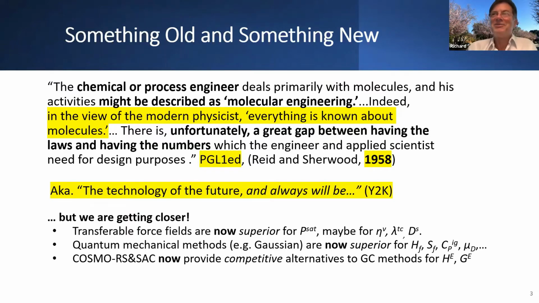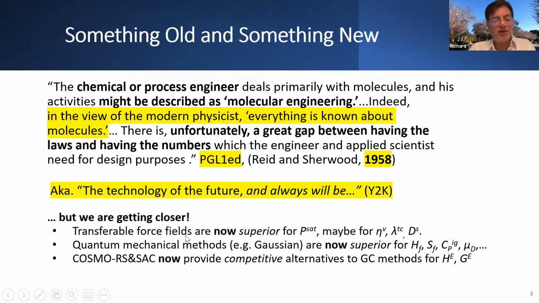And to me, being one who really loves the statistical mechanics, that really hurt me bad. And so I doubled down and I said, well, we're going to keep trying. The good news is here in 2021, we are getting closer.